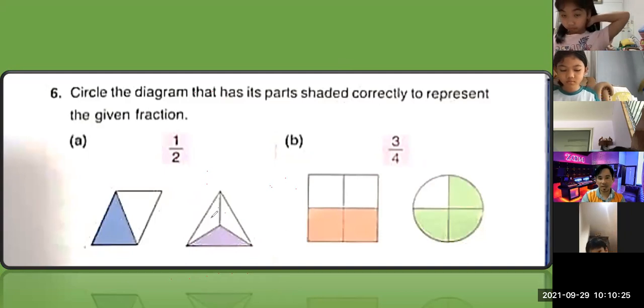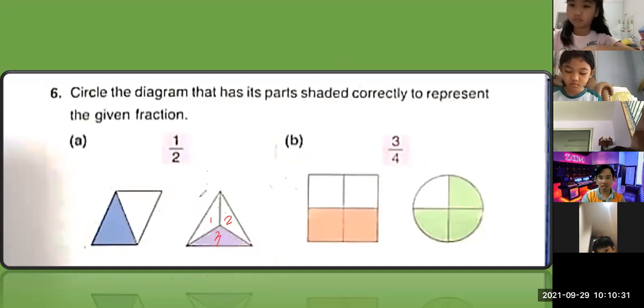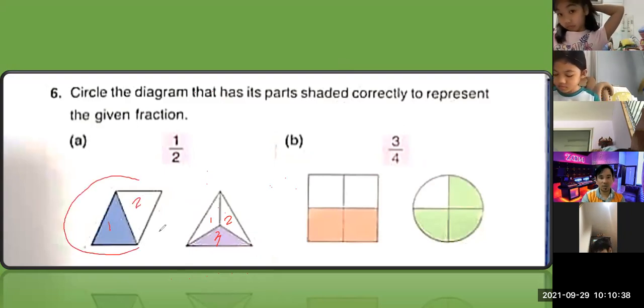This one, how many parts are there? 1, 2, 3. So this is not the answer. Here, 1, 2. So this is the answer because there are only 2 equal parts. So encircle this one.